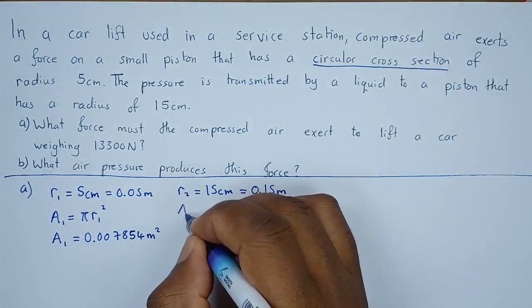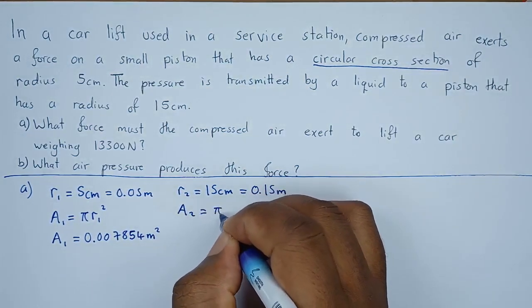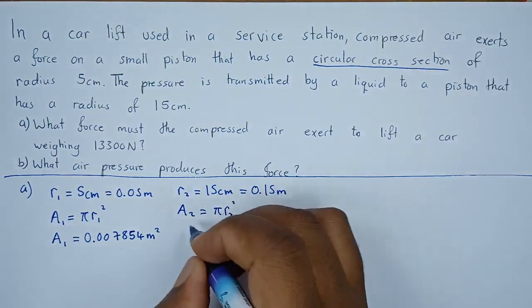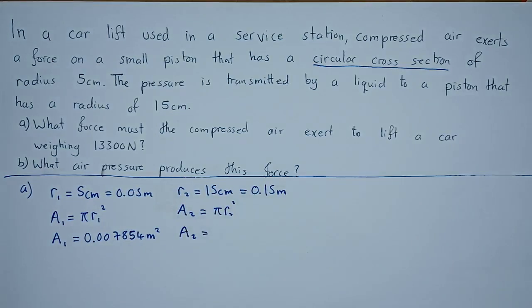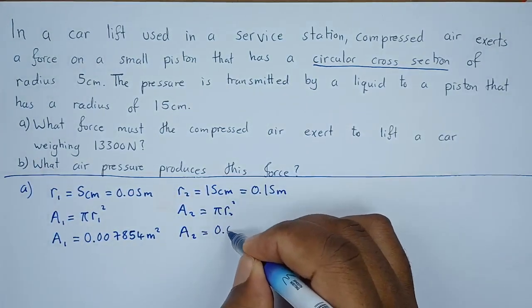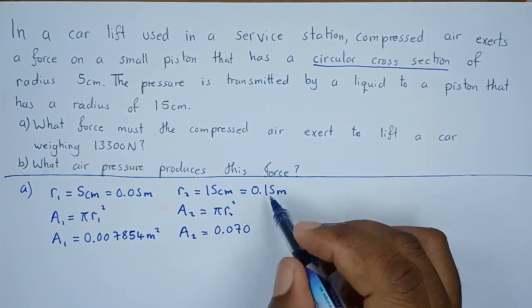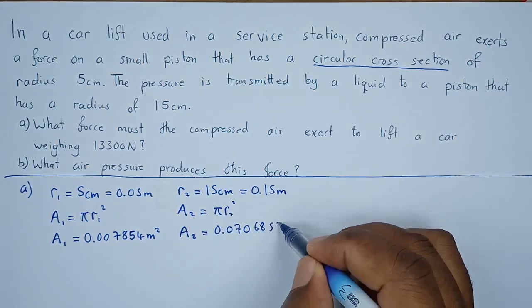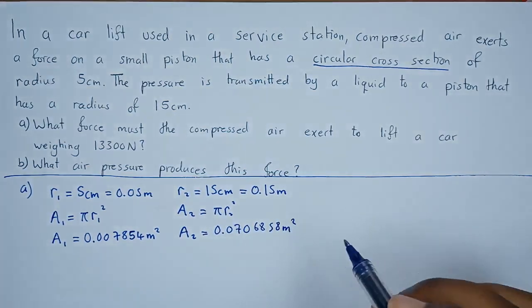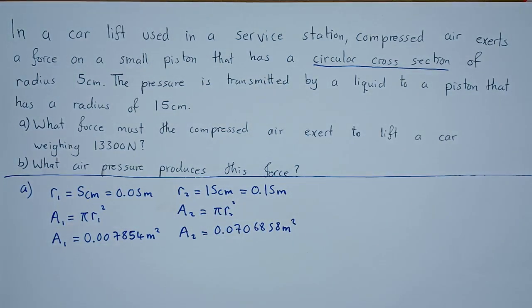Again, here we need area 2, which will be given by pi R2 squared. If we do the substitutions, we're going to get 0.0706858 square meters.